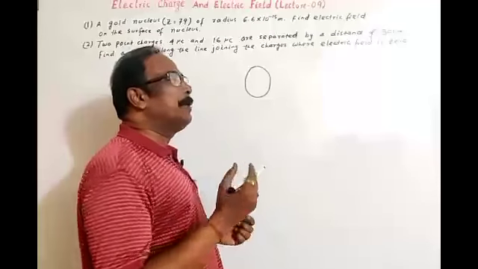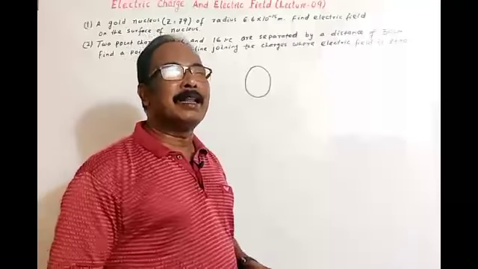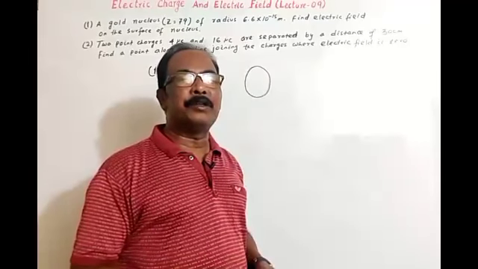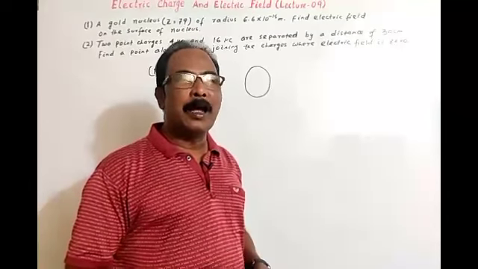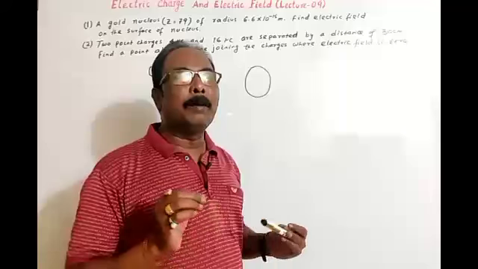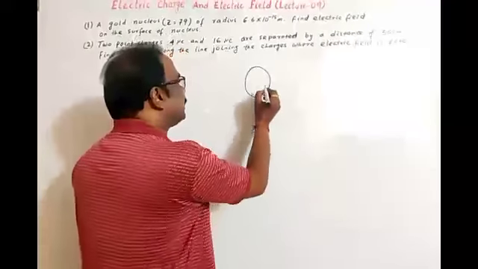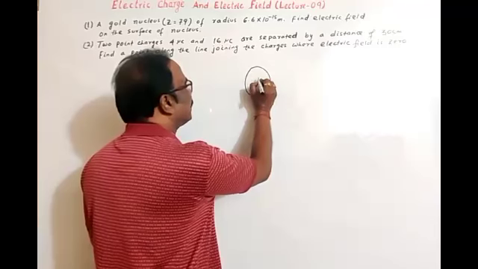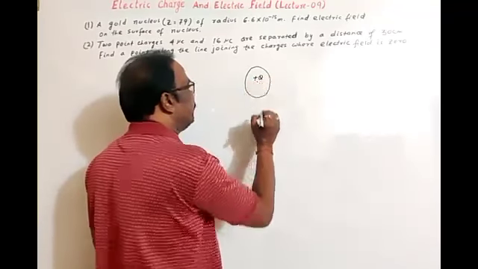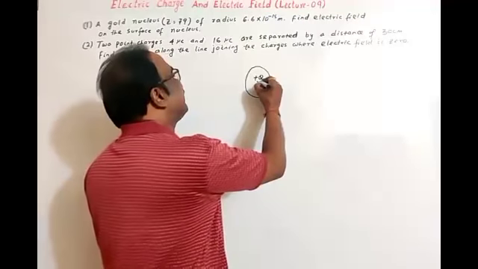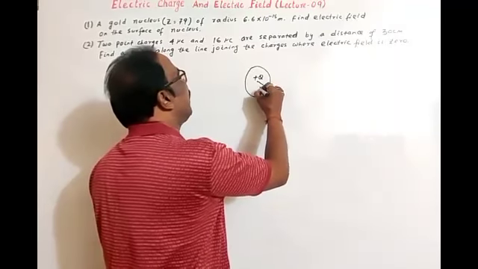As we know, nucleus contains protons, means total positive charge is distributed throughout the nucleus, and we may assume the total positive charge due to the presence of protons is concentrated at the center of nucleus. So Q is total positive charge of nucleus, and this is radius of nucleus R.